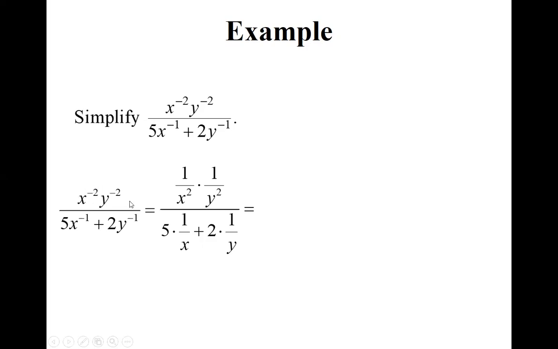A negative exponent travels to the bottom as a positive exponent. A negative exponent is sort of a reciprocal, but with a positive exponent.